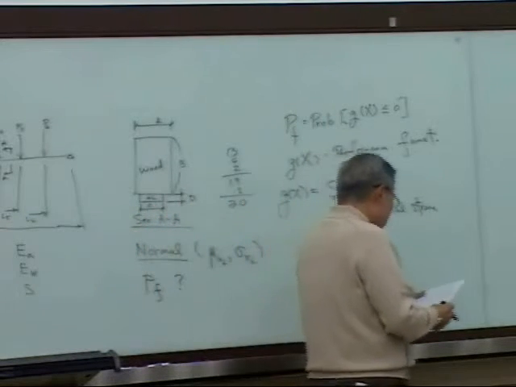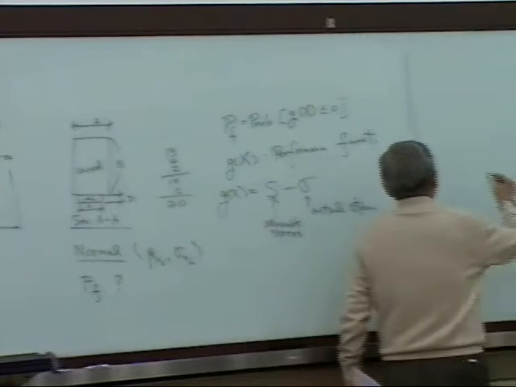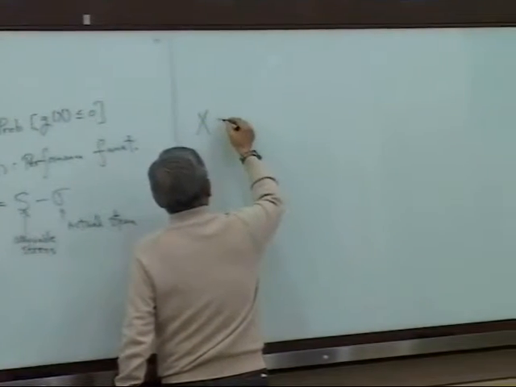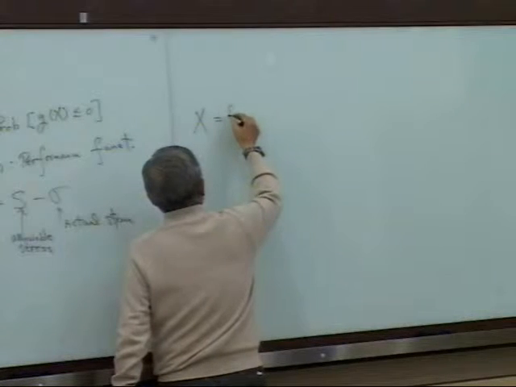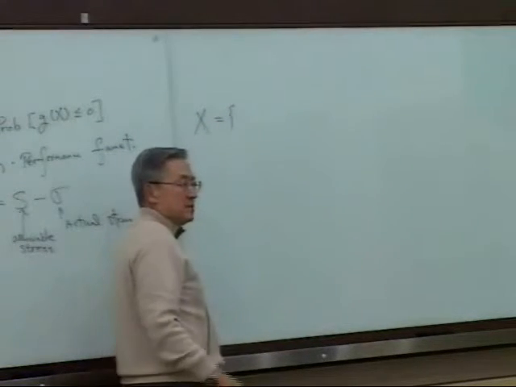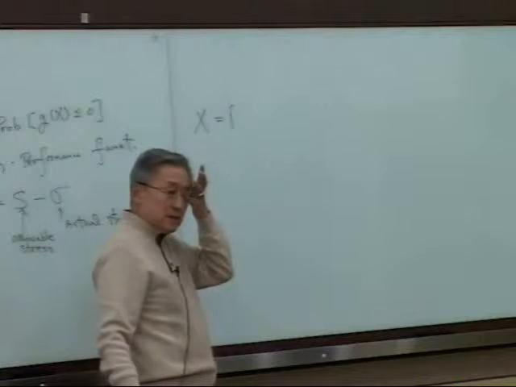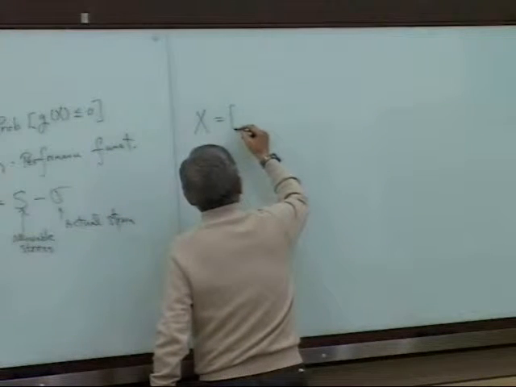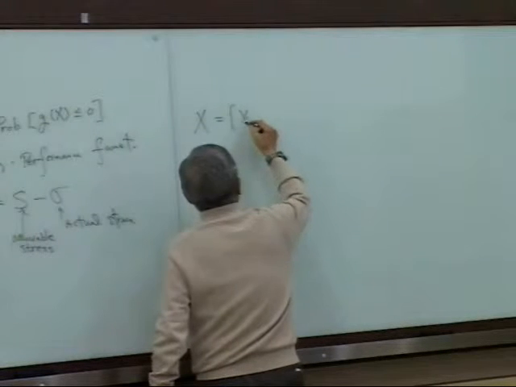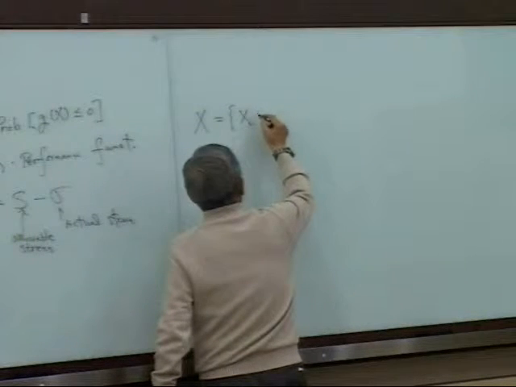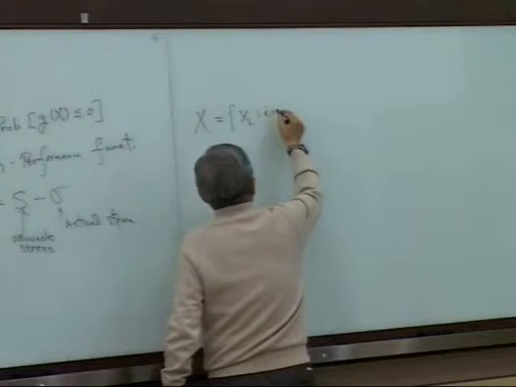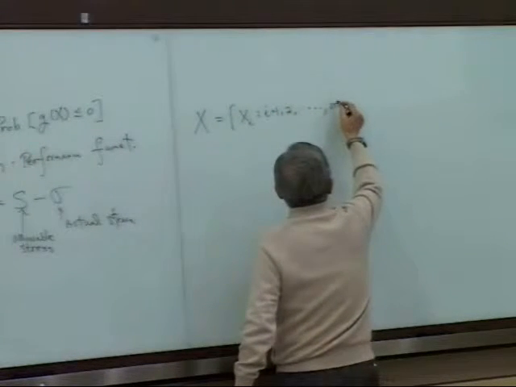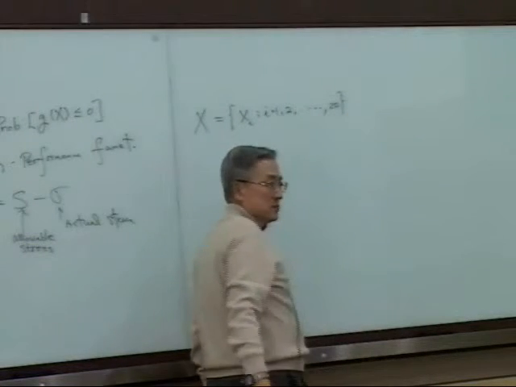And what we know is, if I say x is the whole random variable vector, x_i with i equal to 1 to 20.